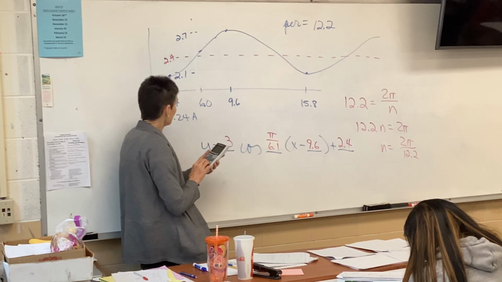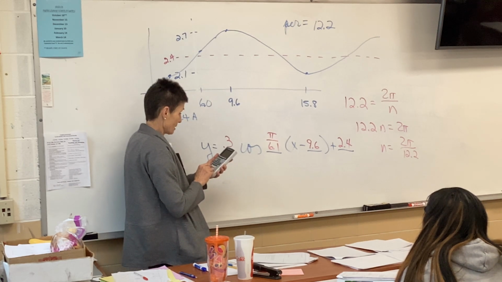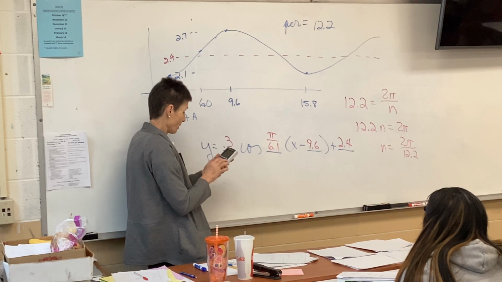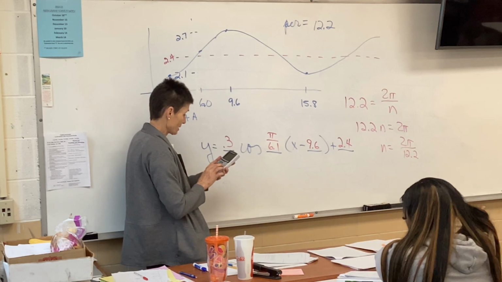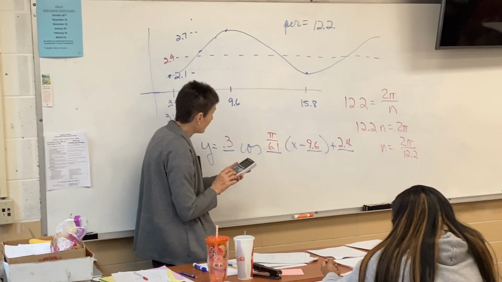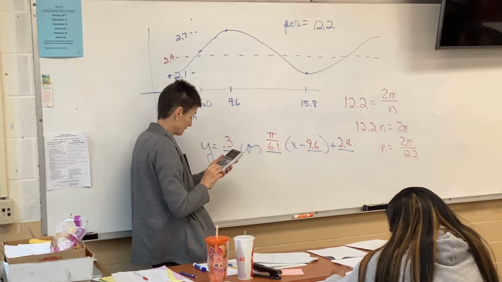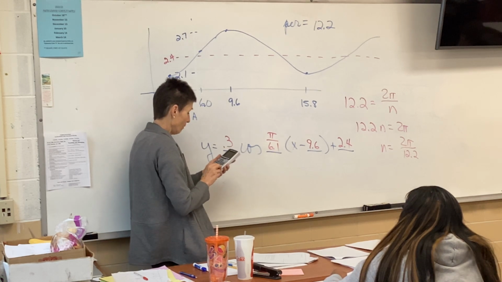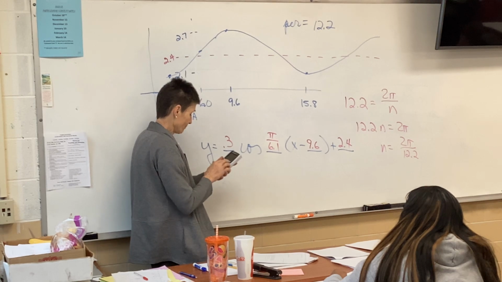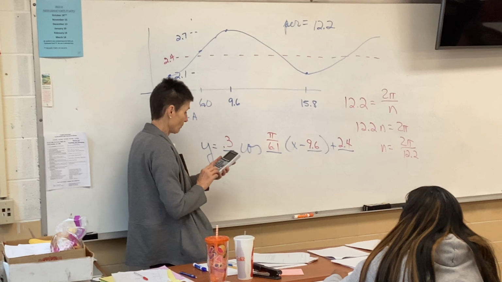I am not sure I took that. Divided by 6.1 times negative 2.4.